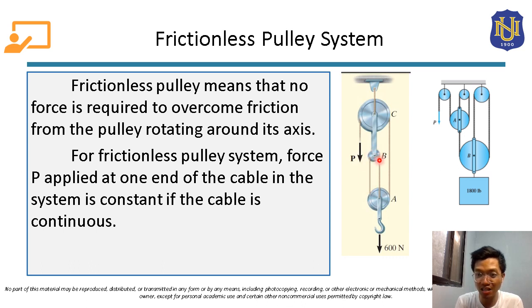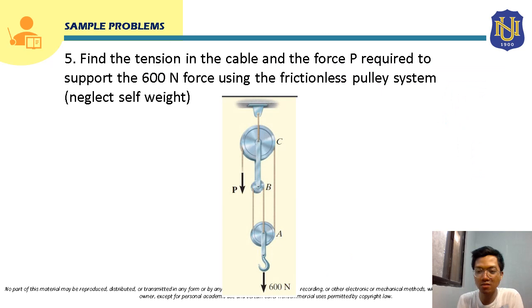This is still continuous, so this is also P. This is a very important concept for this topic, that the force P applied at one end of the cable will be constant if the cable is continuous. We will use that concept in solving problems about this topic. So let's start solving problems.